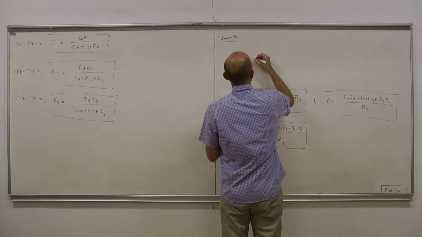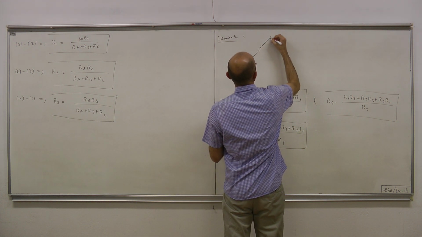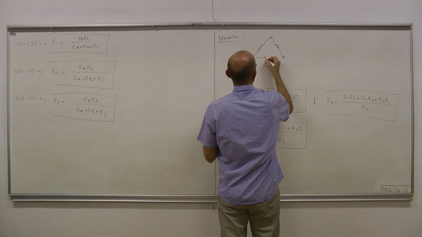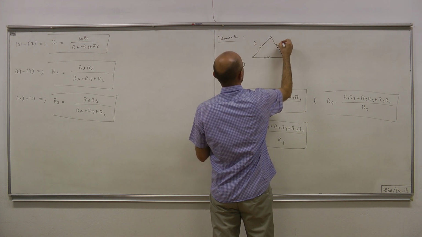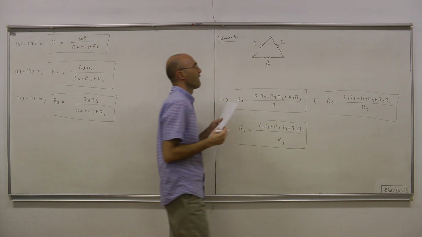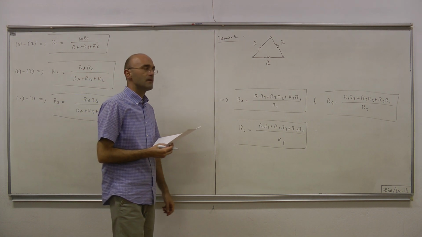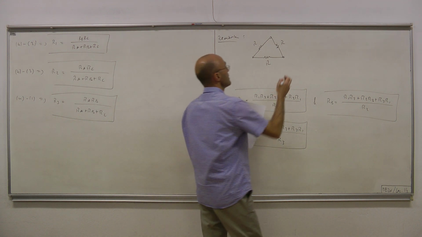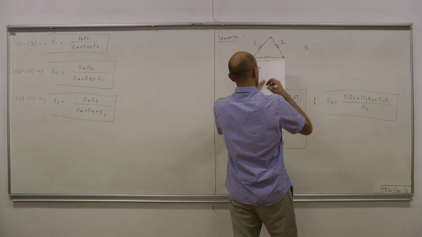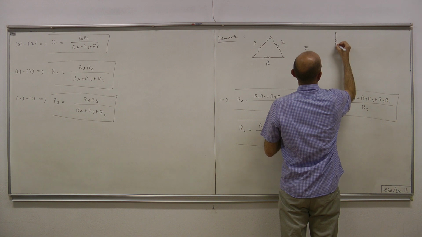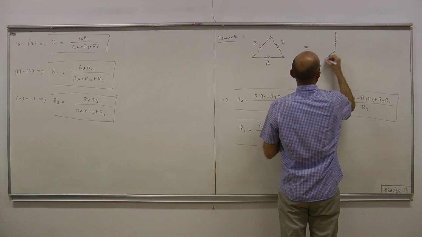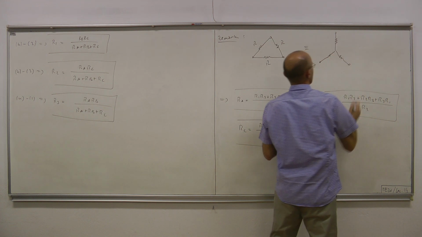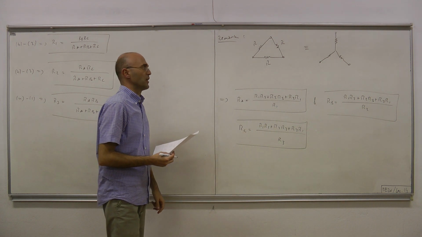If you have this supersymmetric delta connection, that is, all the resistances are equal to one another, then this is equivalent to a symmetric Y connection.